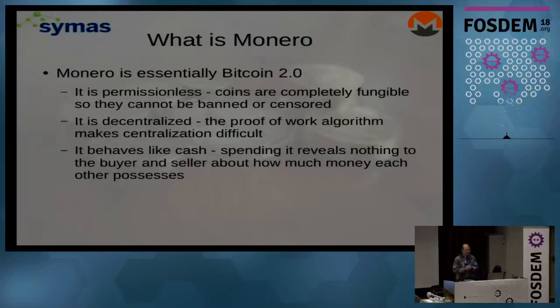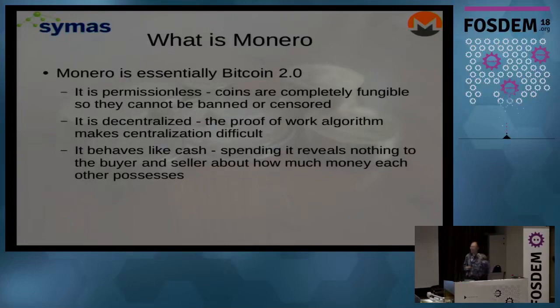So Monero, it's kind of like Bitcoin 2.0. If you consider Bitcoin a prototype, which I do, it's a design that was proposed back in 2008, and people tried it out and said, oh, we have a lot of these problems with it, but none of those problems got fixed. So let's consider that Monero is Bitcoin 2.0. It actually is permissionless, all right?